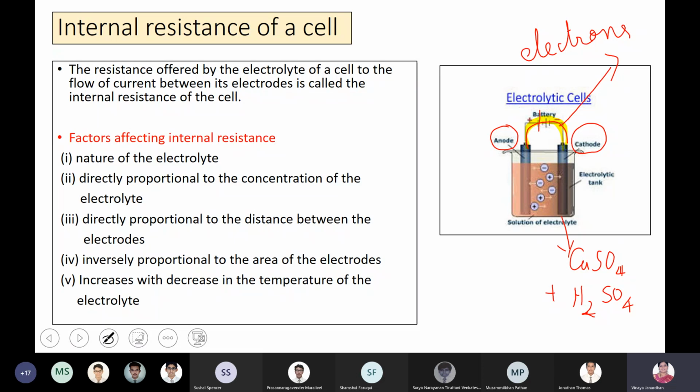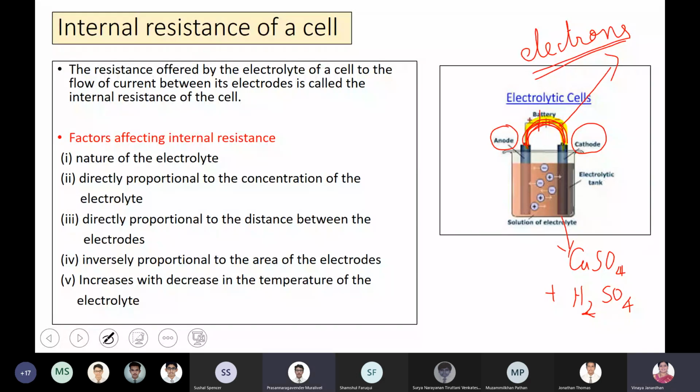Externally, anode and cathode are connected by connecting wires, and the flow of electrons along these wires constitutes an electric current. But internally, inside the electrolytic cell, are the anode and cathode connected directly? No. Then what constitutes the conducting part?